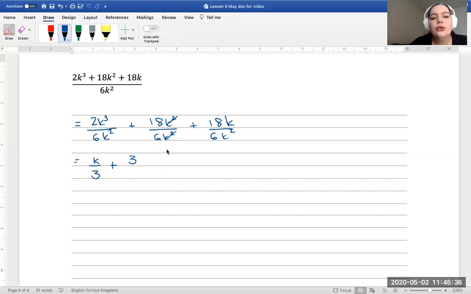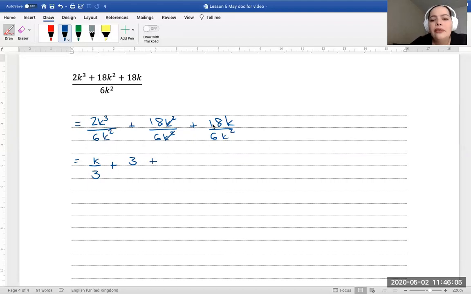If you wanted to use your exponent rules like in the previous example, it would be k to the power of 2 minus 2, and k to the power of 0 is 1. 1 times 3 is just 3. So we would just have a 3 from the 18 divided by 6, and we would cancel out the variables, because they're identical to each other.